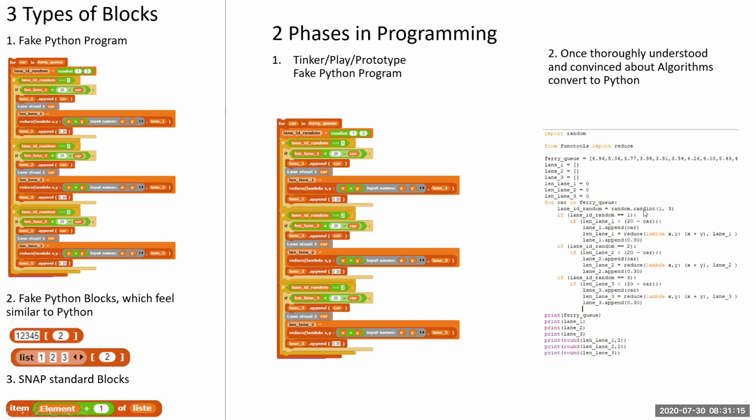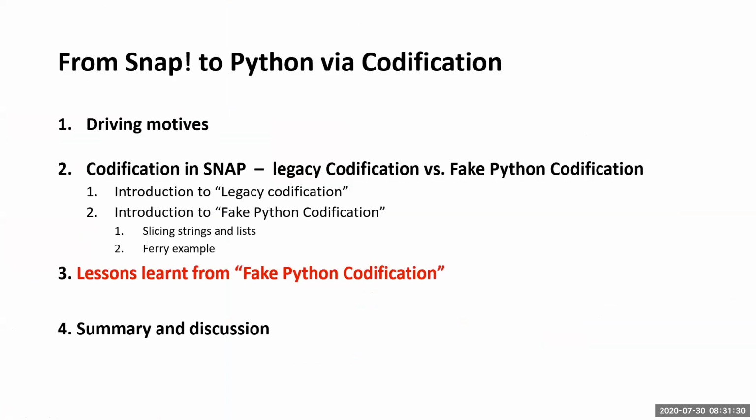They don't feel so comfortable with it, and they would not be able to build something so fast in Python. So that is why we have these 2 phases. Any questions so far?